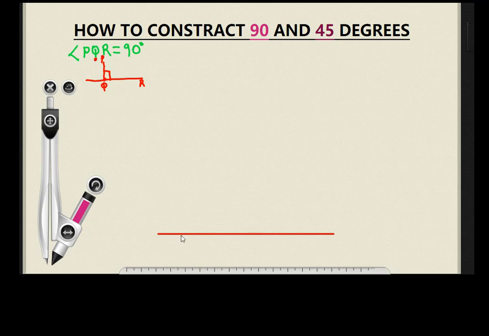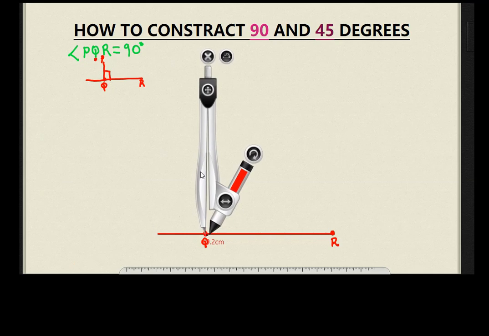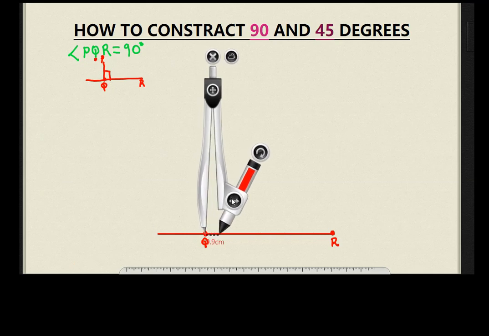and if this is our, I'll place Q at this point because we need this side such that we'll be able to construct this 90 degrees, and also we shall have this point as R. So I'll bring my compass and place it at this point and open some radius.